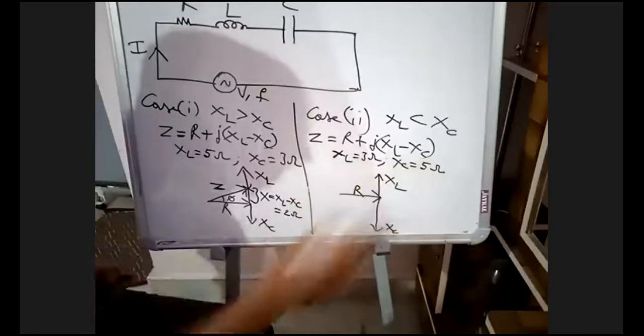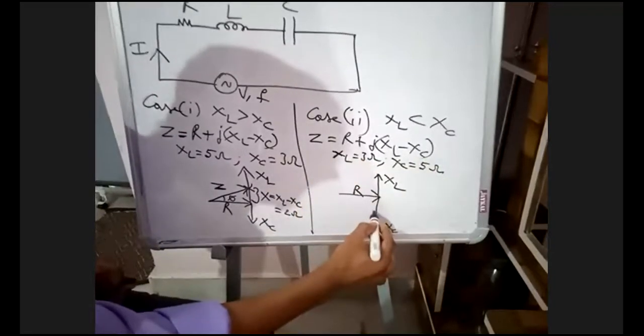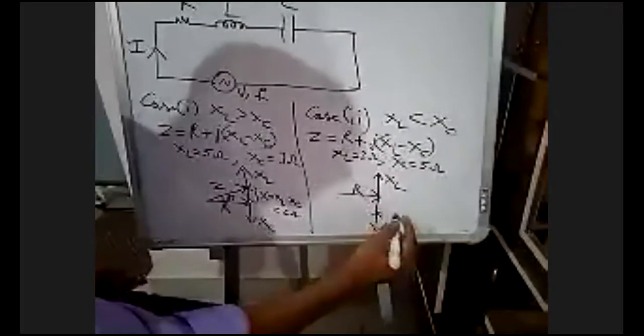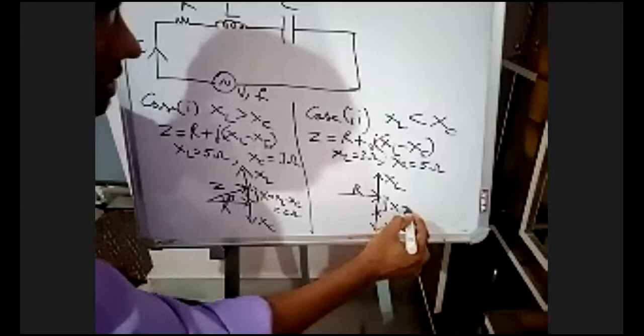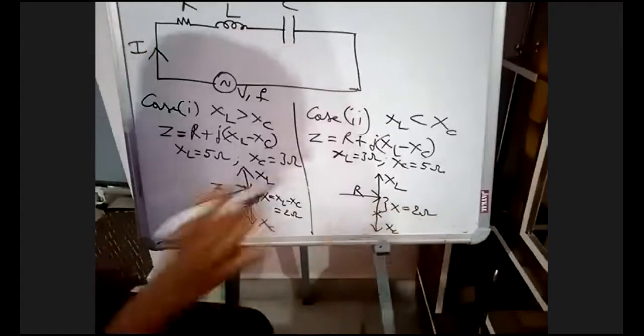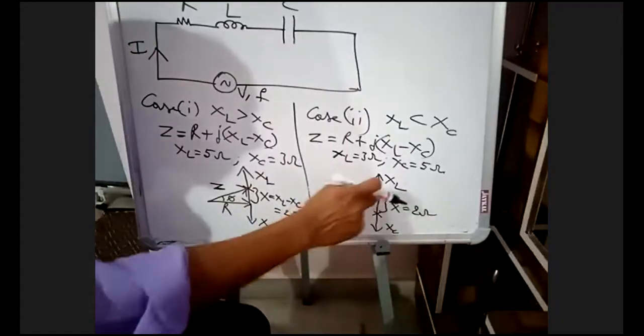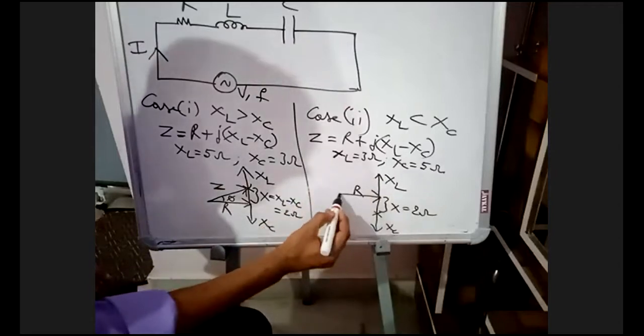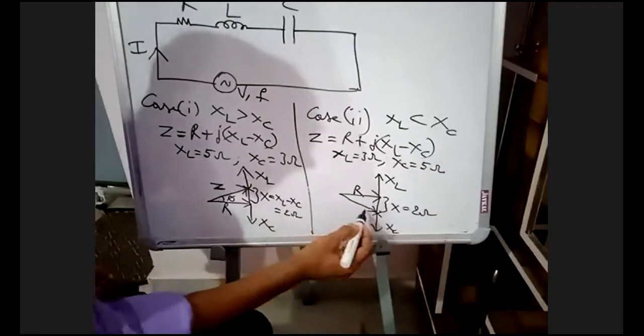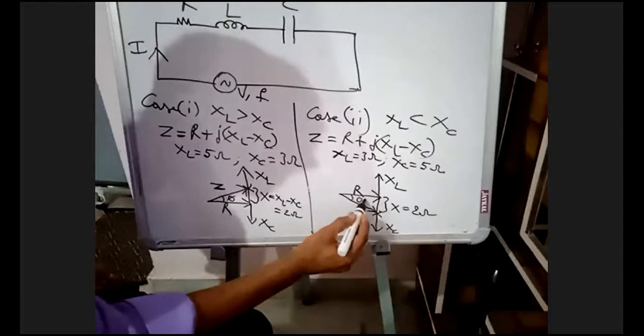Now 3 minus 5, how much? Minus 2. This is your X in the downward direction, the negative Y axis.